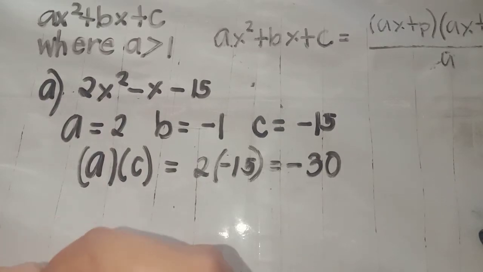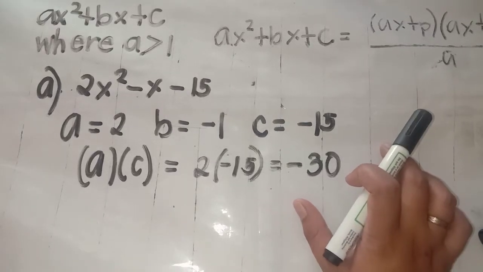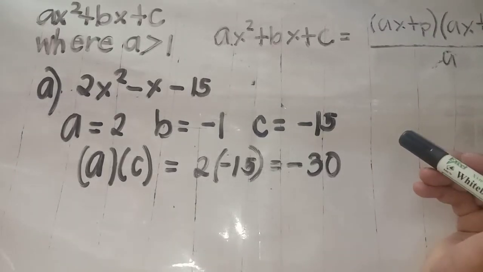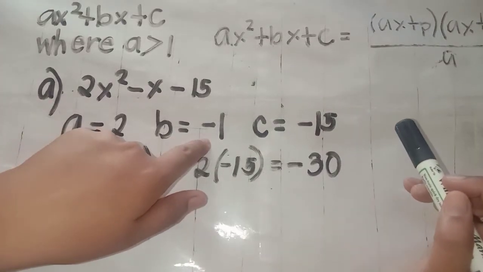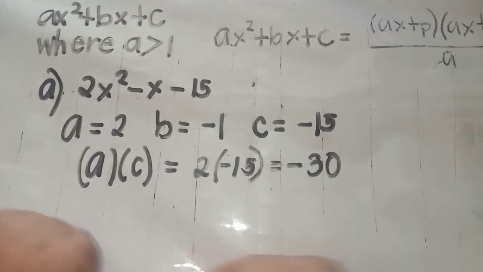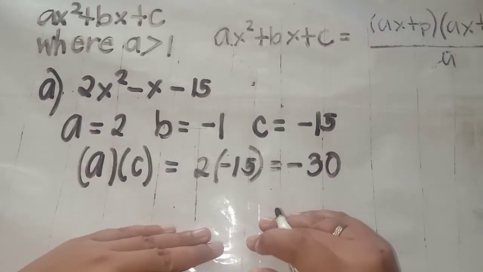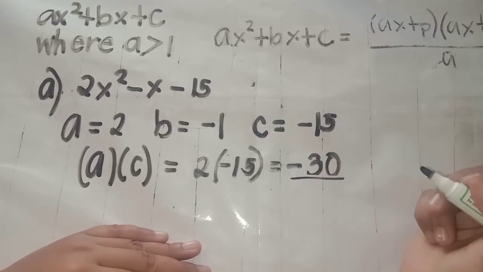Next step, we find the factors of negative 30 whose sum is negative 1, the value of b.